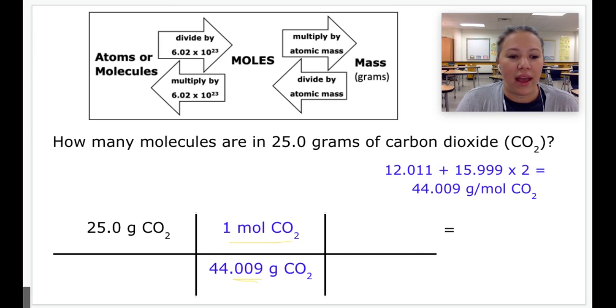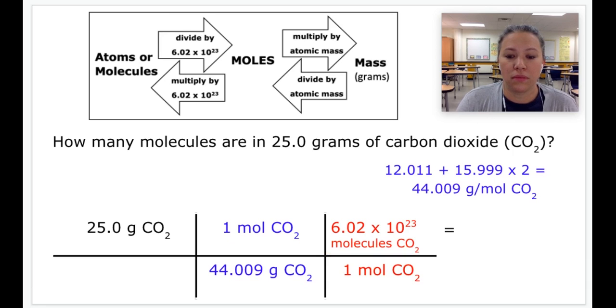Okay, now I have 1 mole of carbon dioxide on top, so I need to have 1 mole of carbon dioxide on the bottom in the next box. Okay, and 1 mole of any substance is equal to Avogadro's number, 6.02 times 10 to the 23rd molecules of carbon dioxide, and now I am ready to solve.